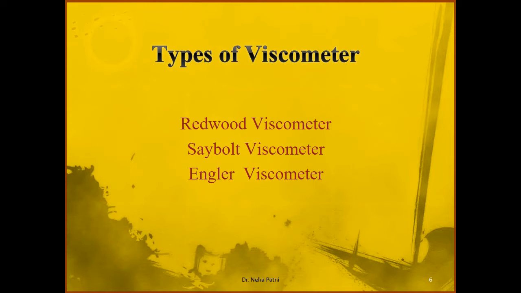In redwood viscometer, it is the time taken by 50 ml of lubricant to fall. In saybolt, it is the time taken by 60 ml of the lubricant to fall, and in engler it is 100 ml, and it also takes water as a reference with respect to oil. So 50 ml, 60 ml and 100 ml respectively.